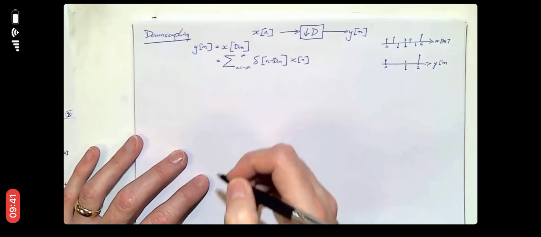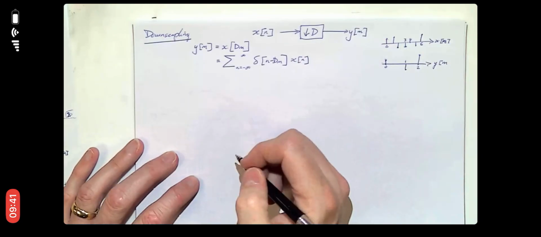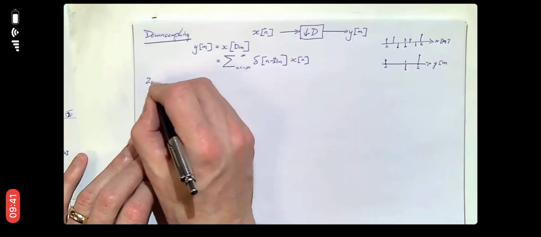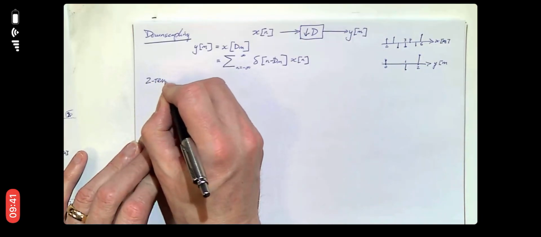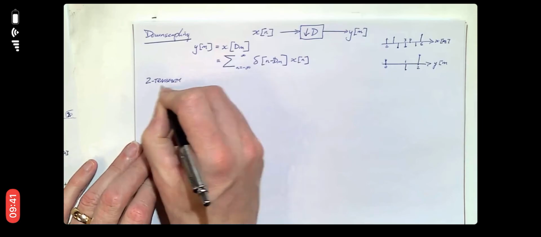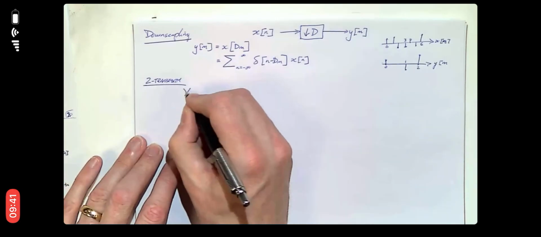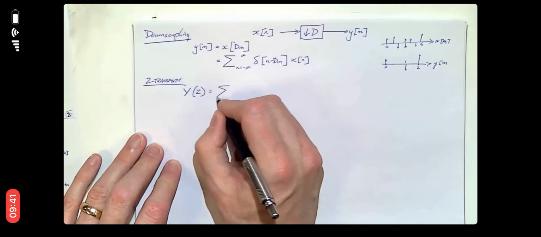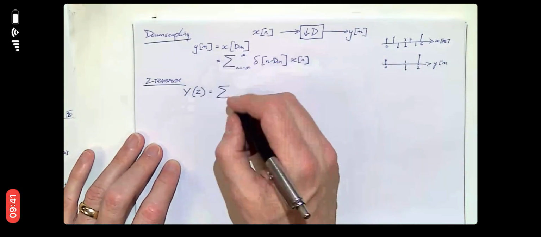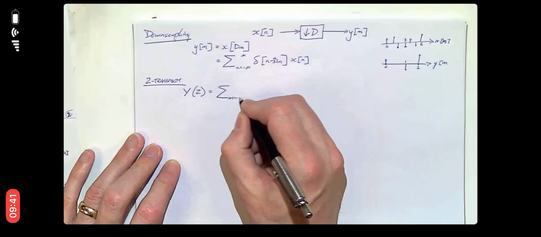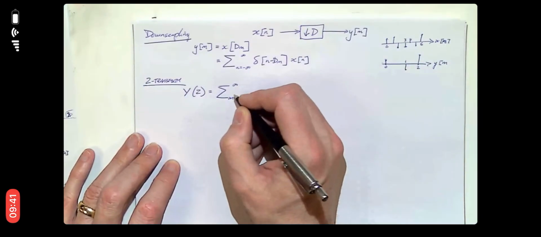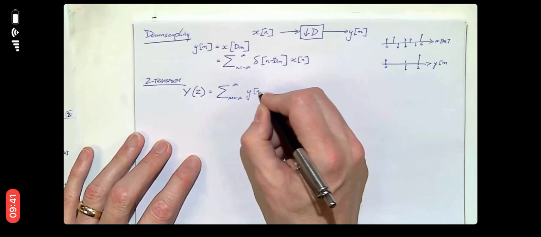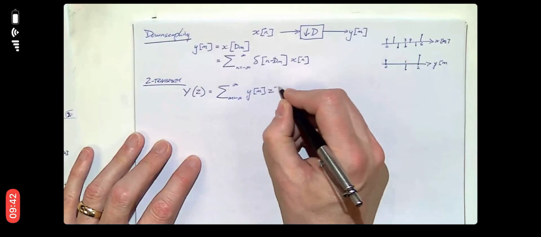Now let's look at what we get from the Z transform. So Y of z is, as we said before, the sum over m from minus infinity to infinity of y of m z to the minus m.